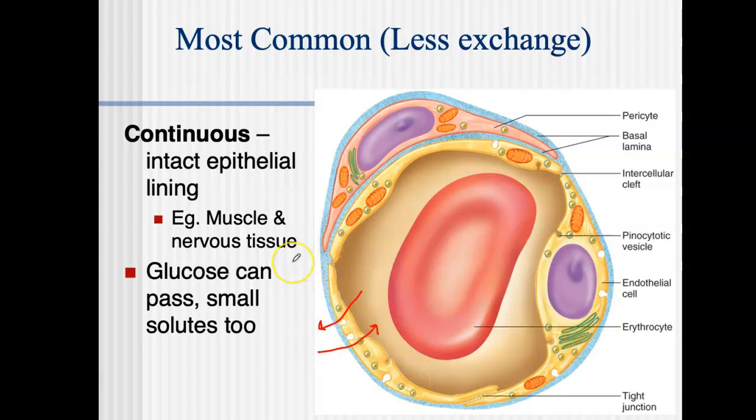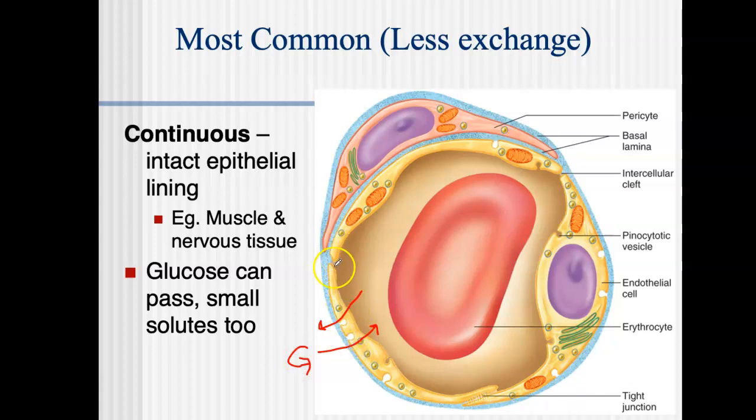So this continuous type has an example. We have these in muscle, we have these in nervous tissue, and it's going to allow the passage of solutes. It's also going to allow the passage of glucose. Okay, so let's make a big G for glucose actually entering the cell. There's various ways that it can do that.